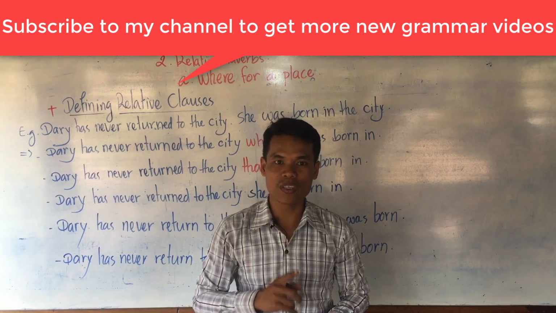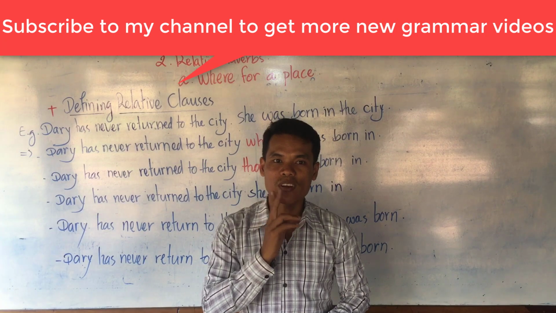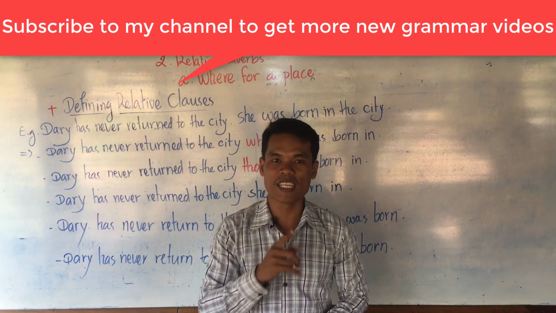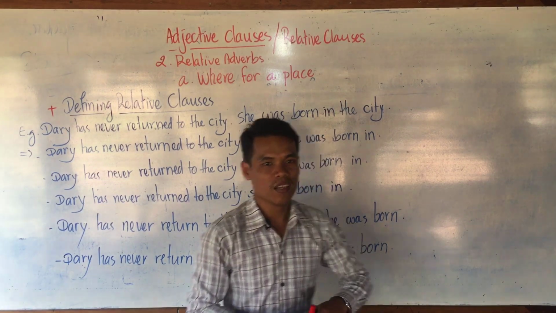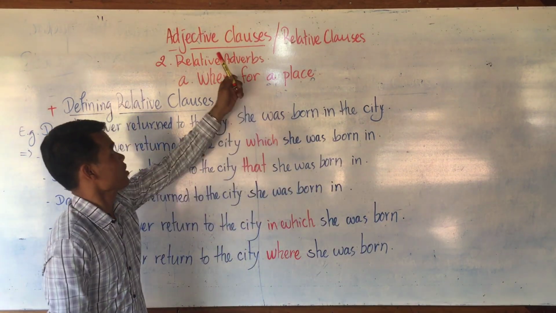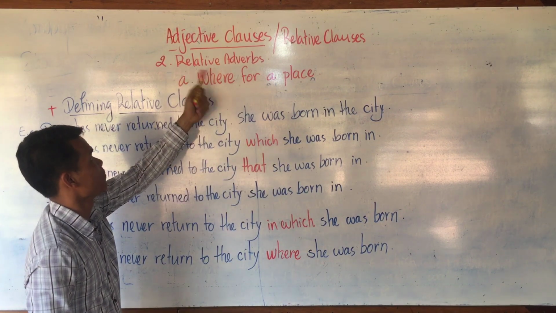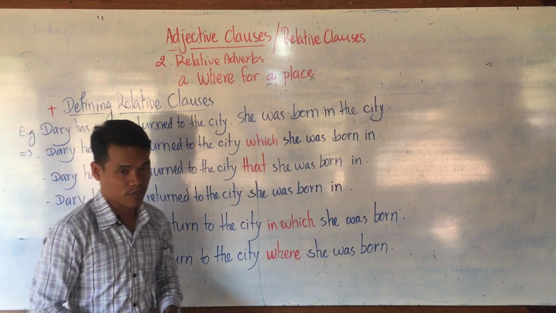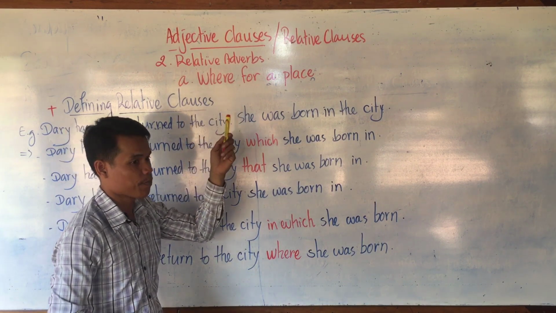Today you are going to learn introductory words within adjective clauses: relative adverbs. So look at the board with me. Adjective clauses or relative clauses. Number 2, relative adverbs. Relative adverb or letter A is where.